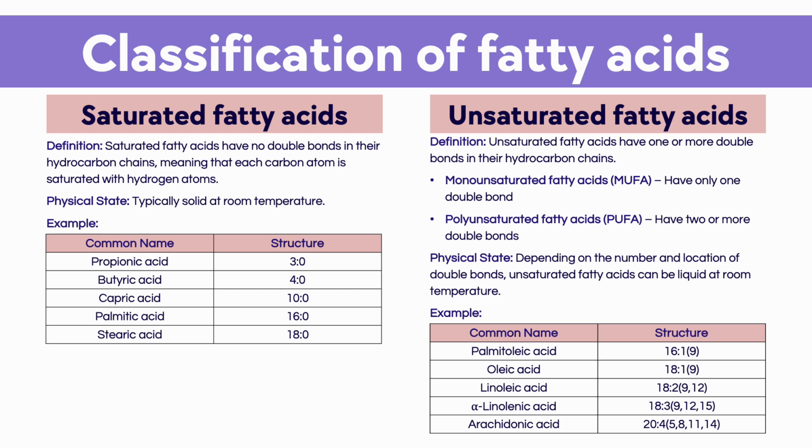Examples of polyunsaturated fatty acids include linoleic acid, 18 carbons, 2 double bonds at position 9, 12, alpha-linolenic acid, 18 carbons, 3 double bonds at position 9, 12, 15, and arachidonic acid, 20 carbons, 4 double bonds at position 5, 8, 11, 14.